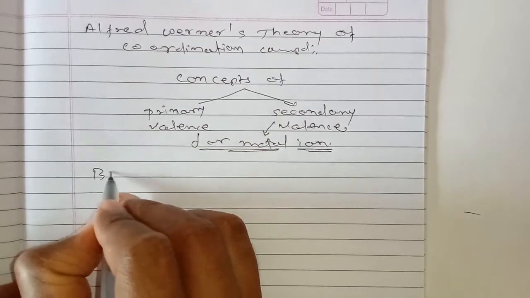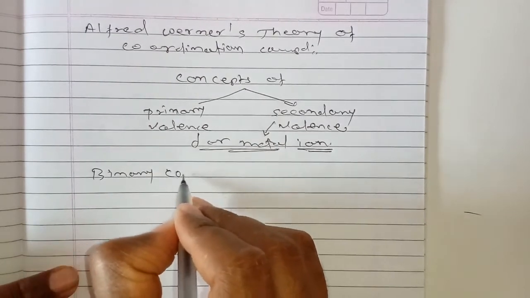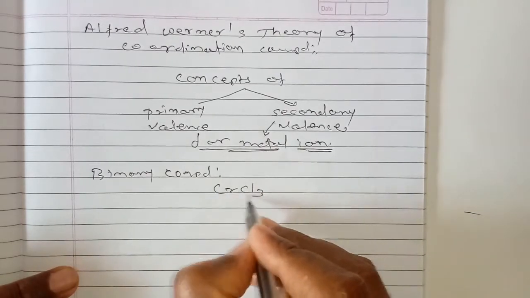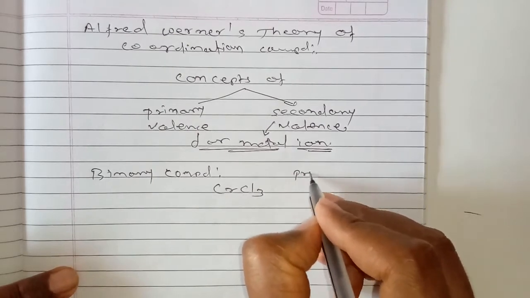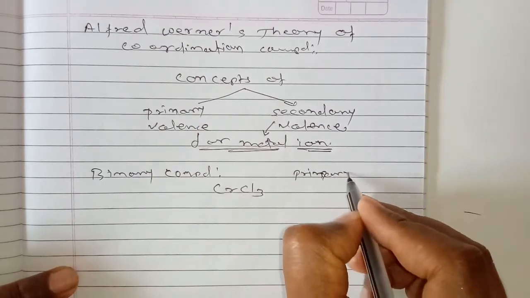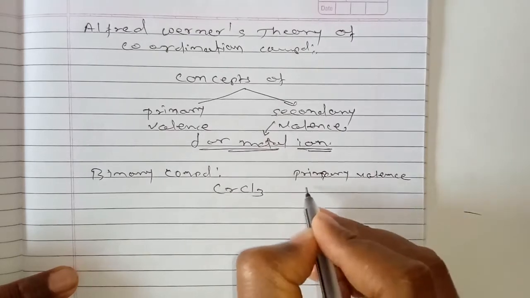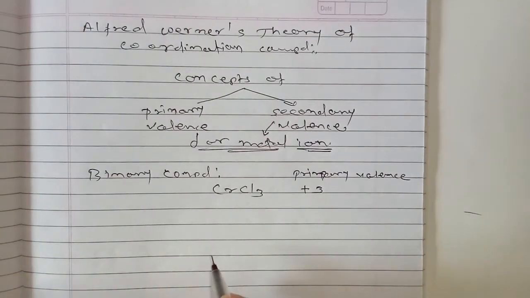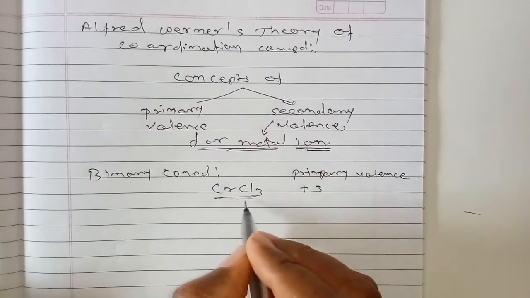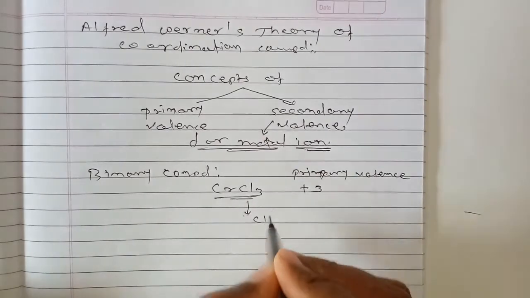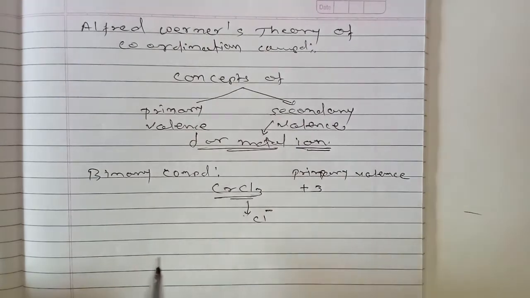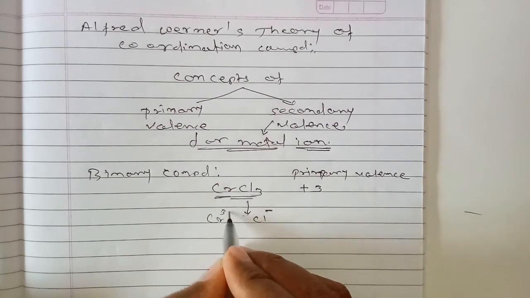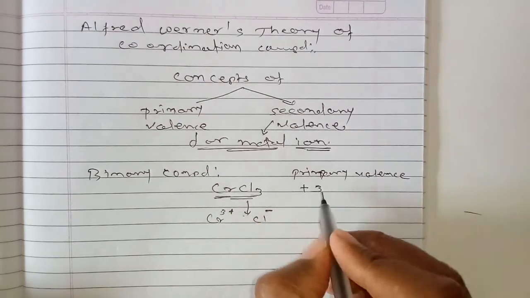Here the binary compound like chromium trichloride has primary valence plus 3. For chloride it is minus 1, and for chromium its charge is plus 3.